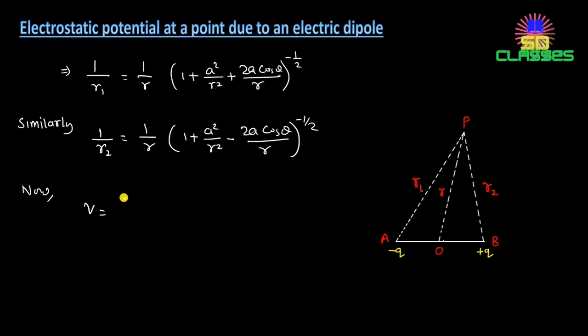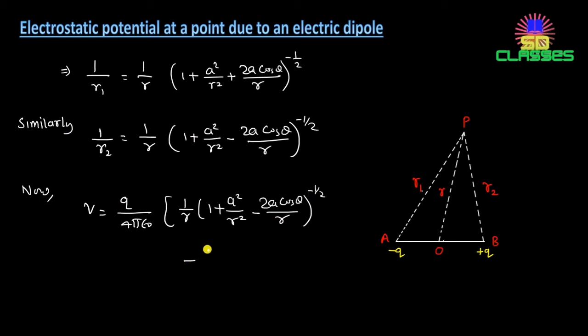So now V will be equal to q by 4 pi epsilon naught. In place of 1 by r2, I will write 1 by r into 1 plus a square by r square minus 2a cos theta by r, power minus 1 by 2, and in place of 1 by r1 I will write this one: 1 by r into 1 plus a square by r square plus 2a cos theta by r, power minus 1 by 2.